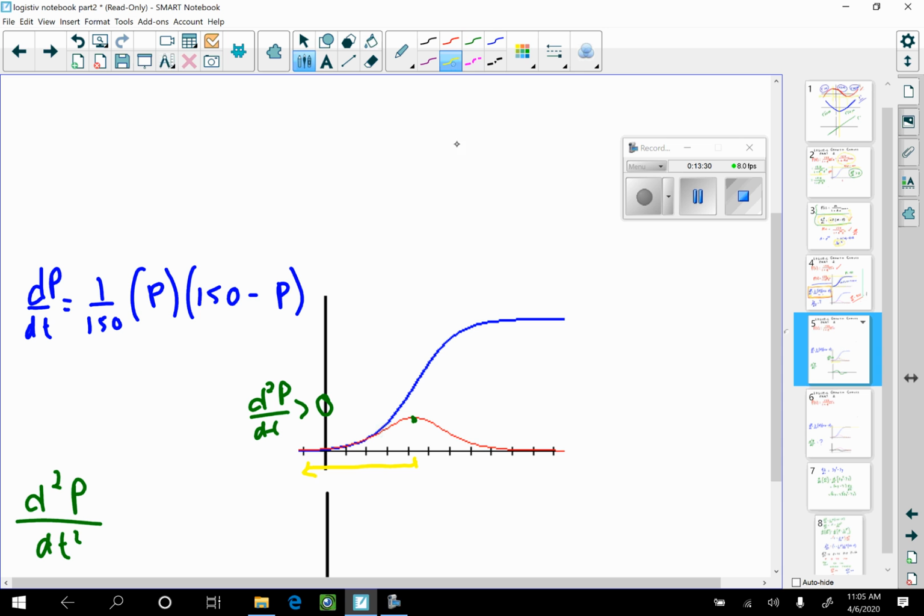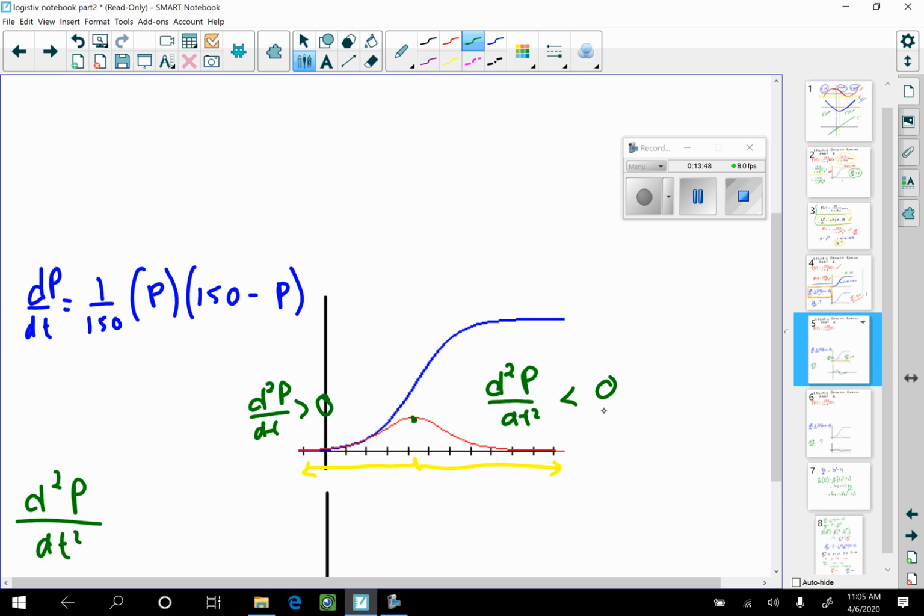What do I know from here over? The second derivative, ladies and gentlemen, better be less than 0 because it's decreasing.